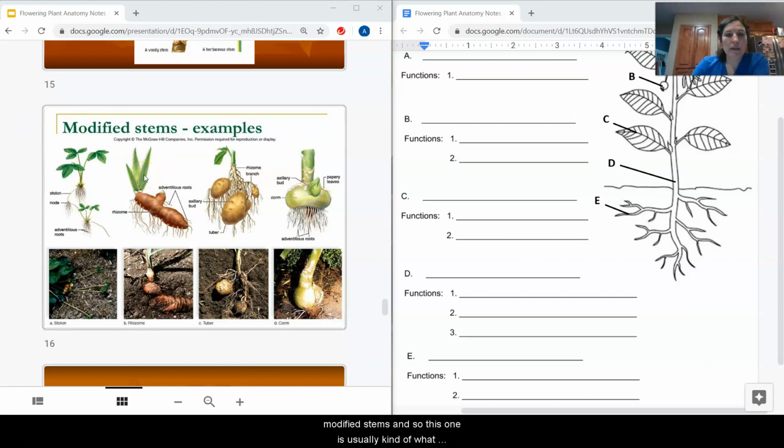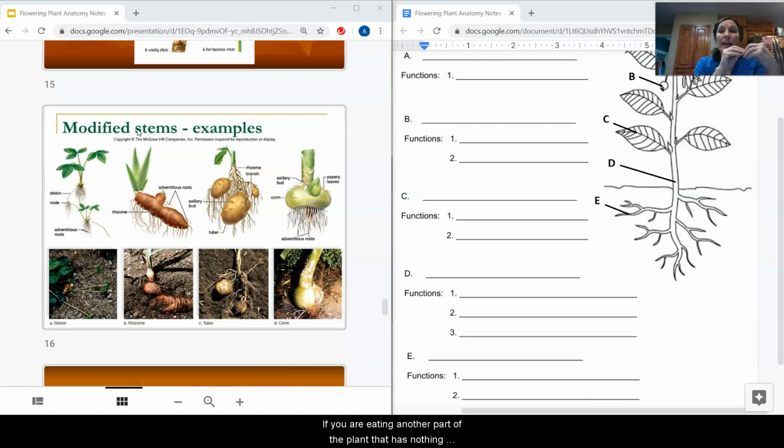And so this one is usually kind of what we refer to as vegetables. Okay. So when you're trying to tell the difference between a fruit and a vegetable, the main characteristic is if you're eating the seed or around the seed, then it's a fruit. Okay.